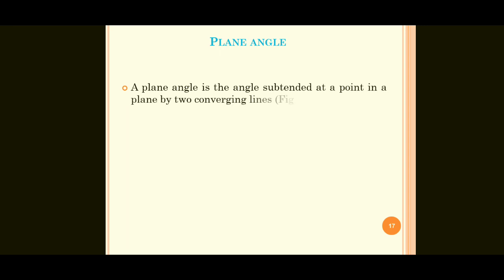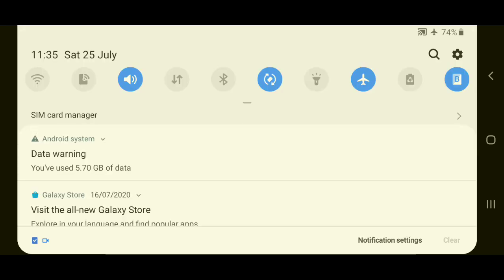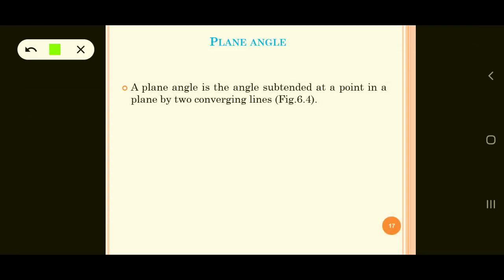Next one, plane angle. A plane angle is the angle subtended at a point in a plane by two converging lines, as shown in figure 4.